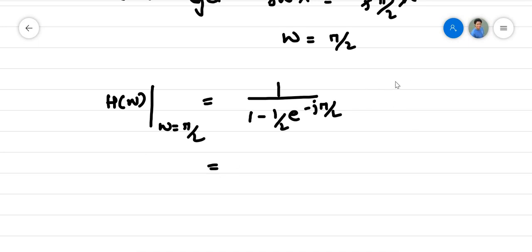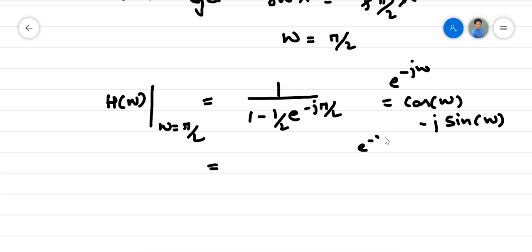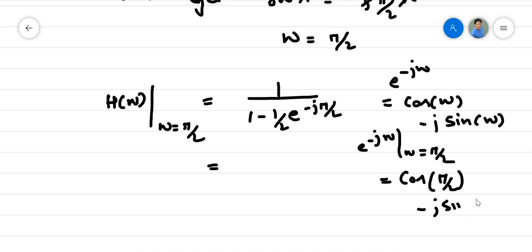We know e^(-j omega) is equal to cos omega minus j sin omega. If we put omega equal to pi by 2, it will be cos pi/2 minus j sin pi/2. So cos pi/2 goes to 0 and sin pi/2 goes to 1.